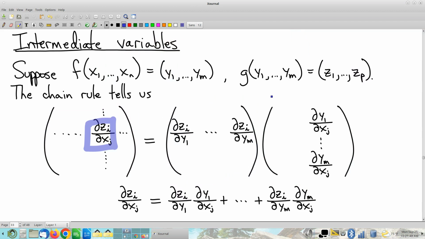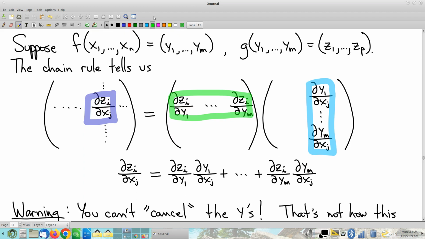Now, if that's the case, you only need to know just the one specific one. It's an element of a matrix. Specifically, it's an element of a matrix that is itself a product. And you can see exactly how that product goes. It's a dot product where you're going to take these entries here and dot them with these entries here, right? And you can write down how that dot product works. Here's the green entries, and then here's the blue entries, right?